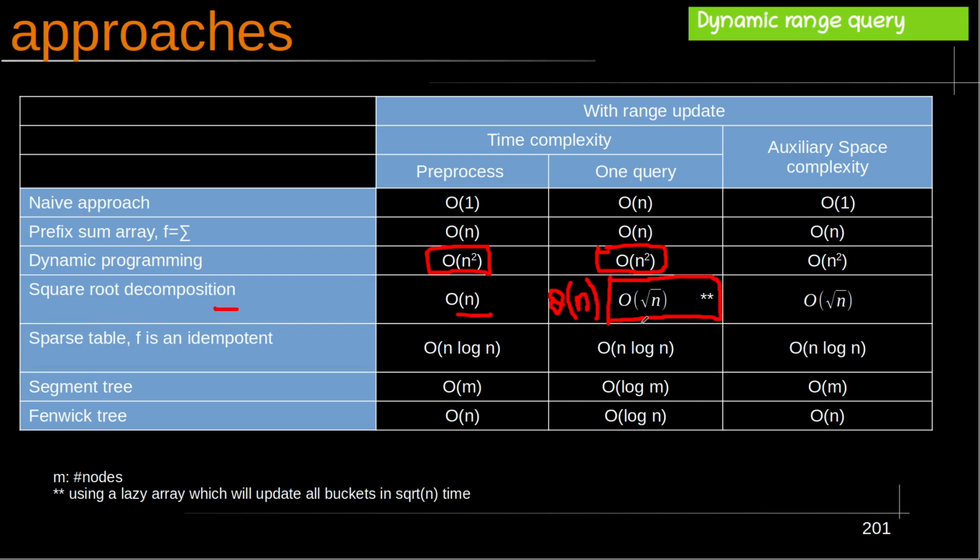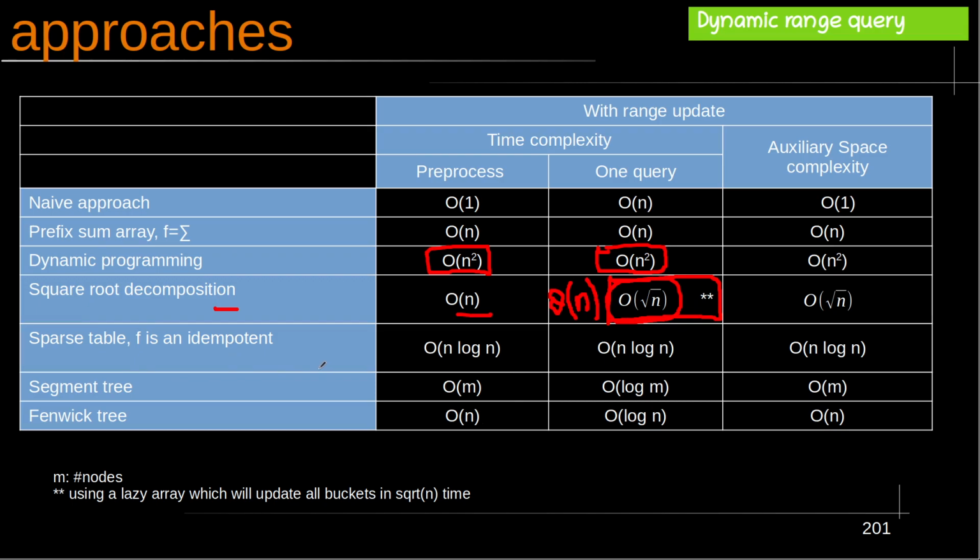I don't know this technique, to be honest, but I saw an article that says that we can update the original array or the data structure in the square root decomposition technique in square root of n, and also answer a single query in the square root of n. I don't know this technique, so this is to discuss.